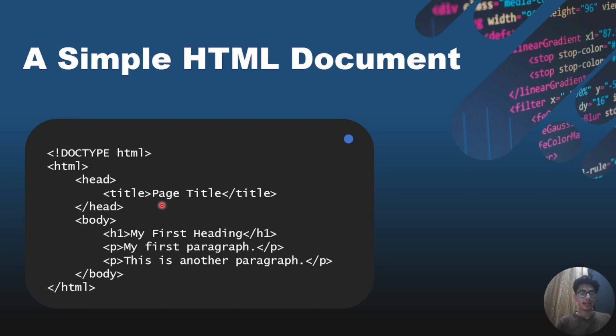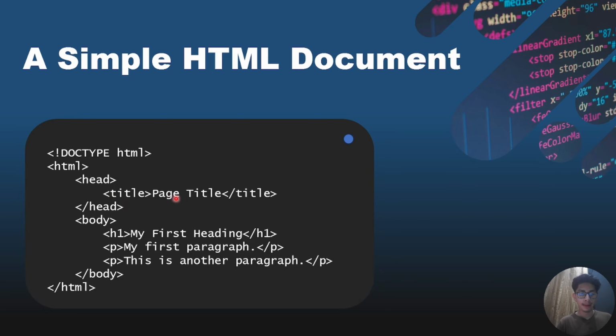The title tag in the head, so see the title tag in the head, this page title will display when you bookmark this page. Like you can see this in your bookmarks, or you can see it in the top area of a web page. I will show you this later.